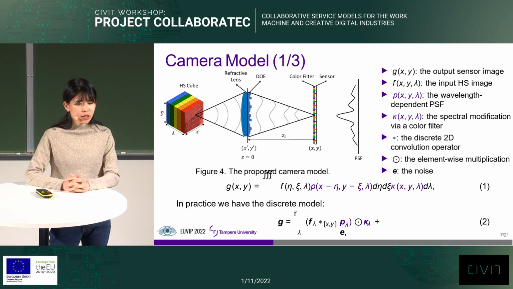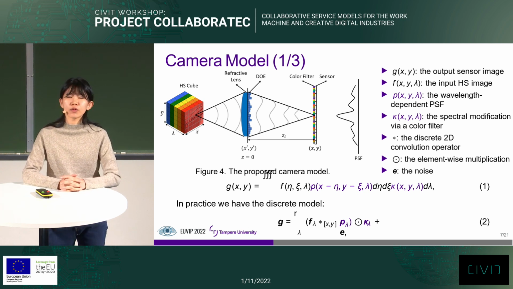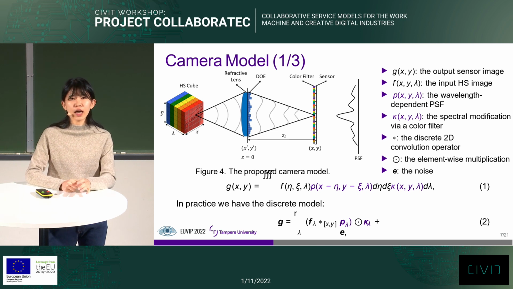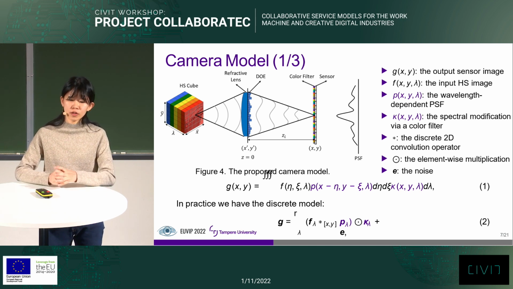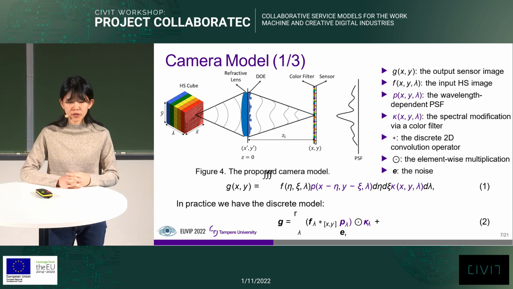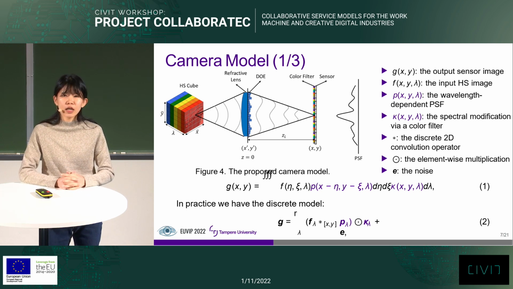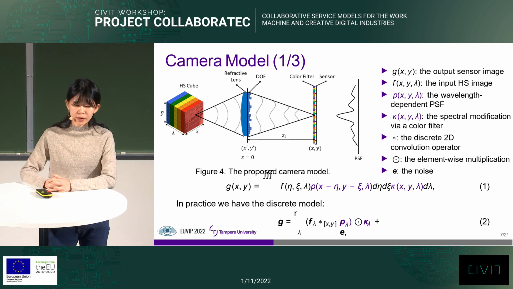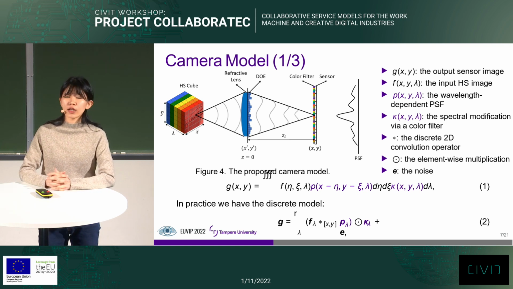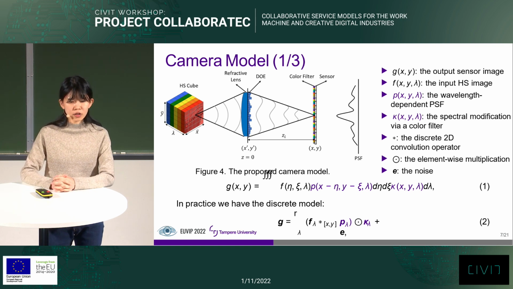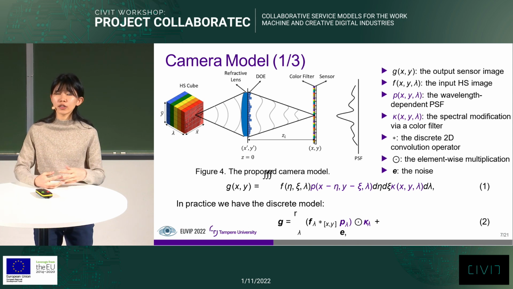But in practice, we use the discrete camera model because the point spread function of the DOE and the color filter function kappa are updated through pixel sampling.